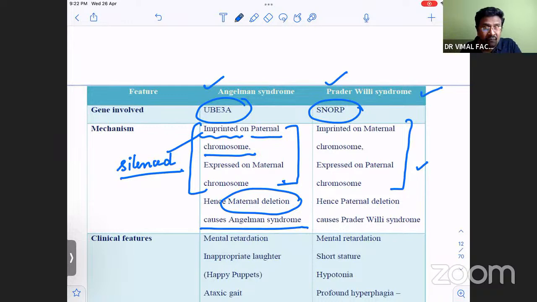Imagine if it is not expressed on the father's chromosome, if it is deleted from the father, then it is Prader-Willi syndrome. So you can remember paternal deletion, Prader-Willi syndrome. Maternal deletion, Angelman syndrome. For all of us, our mothers are angels. So you can remember mother deletion, Angelman syndrome.